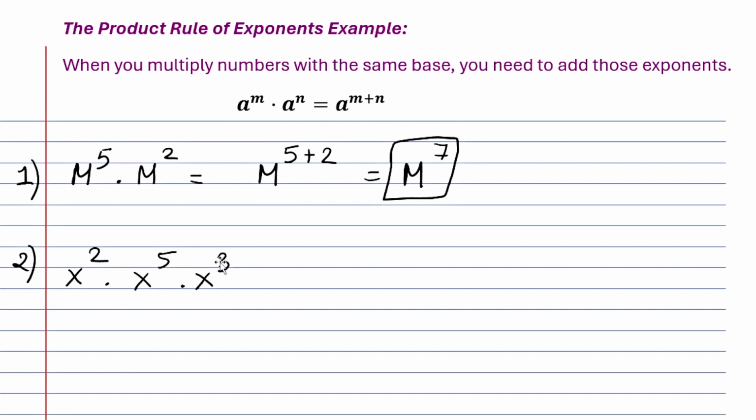Now, as you can see here, it may appear that we cannot simplify a product of three factors. However, using the associative property of multiplication, we can begin by simplifying the first two. Solving the first two, we can use the product rule of exponents. So let's start solving the first two.